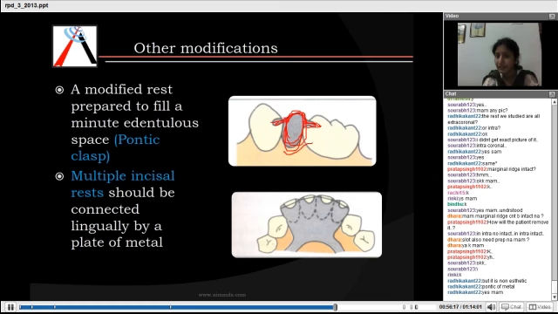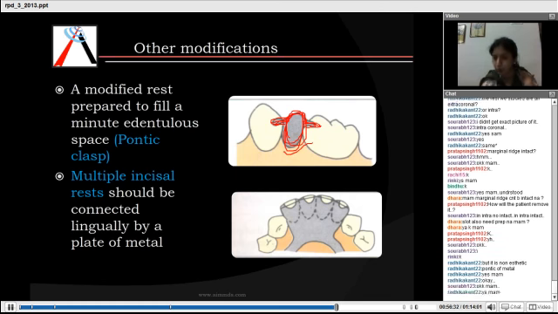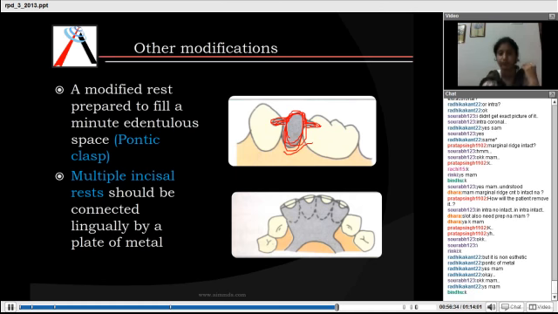Only the rests are made up of metal. Okay, the tooth is not metal. The tooth is normal. Okay, next, got it? Who had a doubt? Radhika, okay.